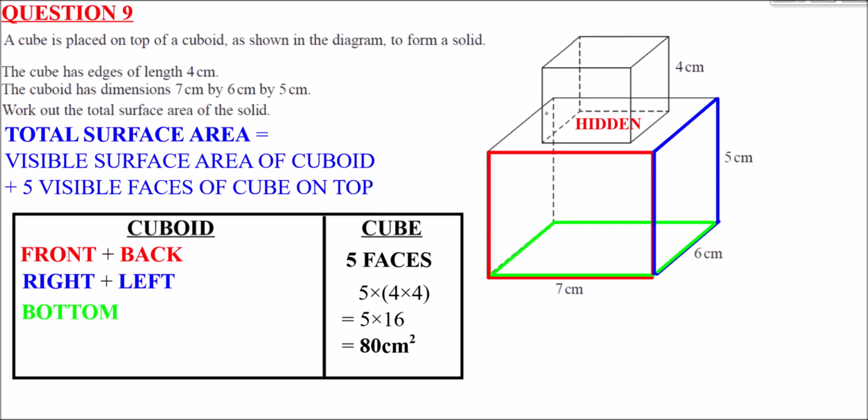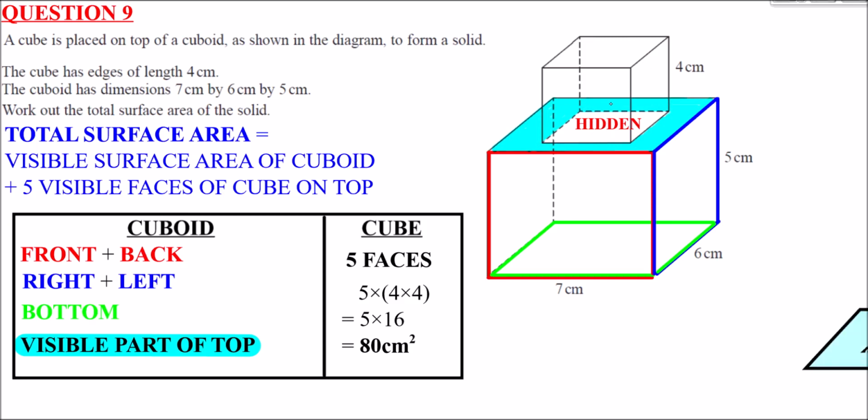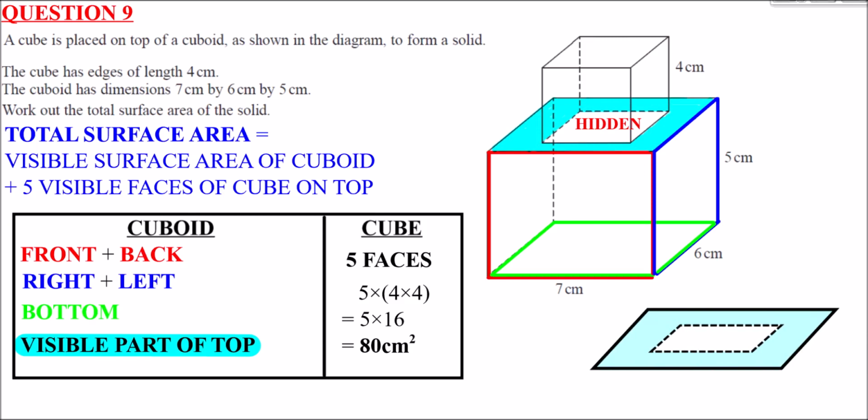And of course, there's the top of it, but not all of the top can be seen. So we need to work out the visible bit of the top of it, which I'm going to colour in this light blue. Of course, it's not this hidden bit, it's this outer rim without this middle bit here. So let's just think about this with a diagram separately. The hidden bit is basically the shadow of the top of this cube. So the top of the cube is obviously going to have an area of 4 by 4, which is 16. So this bit in the middle, which we don't want, is 16.